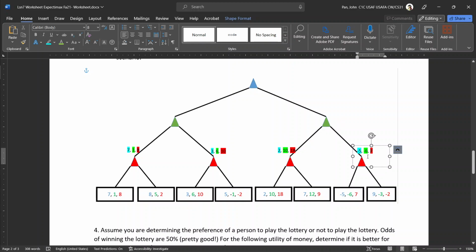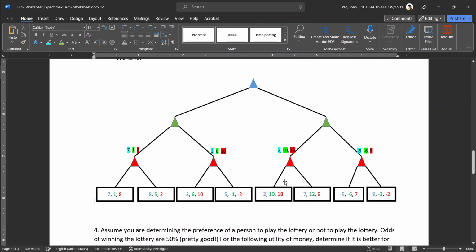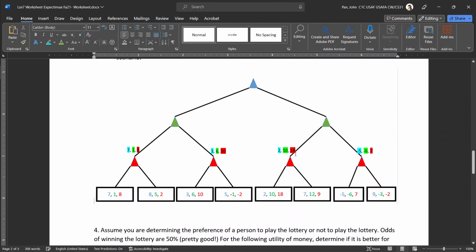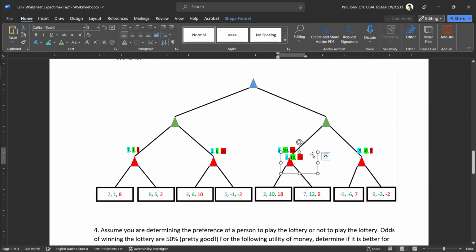All right, and now in a similar vein, we're going to maximize green because our next decision node is a green maximizer. So we're going to pick the left branch because it has a higher green of 10 over -6. Here we're going to select our right branch because 6 is greater than 1.